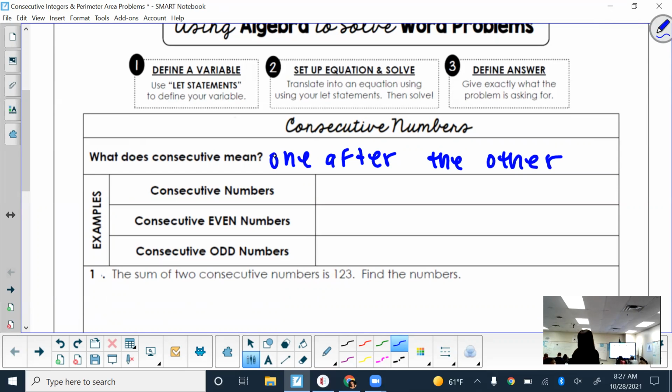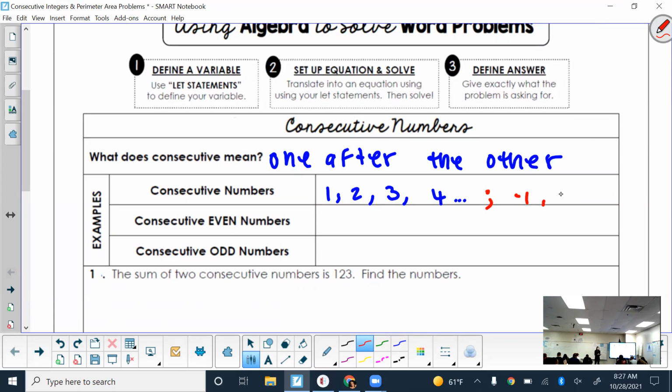So when I say consecutive numbers, what would be an example of that? 1, 2, 3, 4, and so on. What's another example that isn't that? Of consecutive numbers. -1.